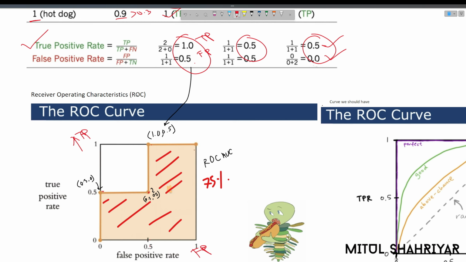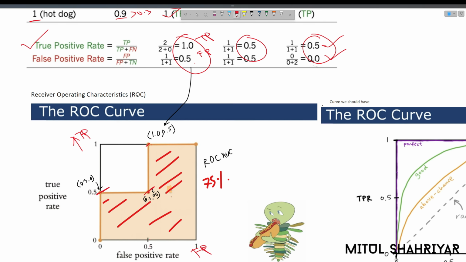So these are the points we have. We have these 3 points, and these are the points we have.